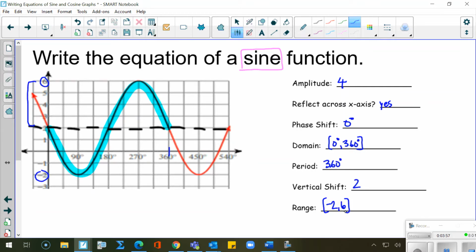I could put that together as an equation. Y equals negative, because it's reflected, amplitude of sine. My b coefficient, I left a space. I will use theta since it's degrees, minus 0 degrees. Oops, let me back up. I don't need to write in theta minus 0 degrees. I'll just put theta.